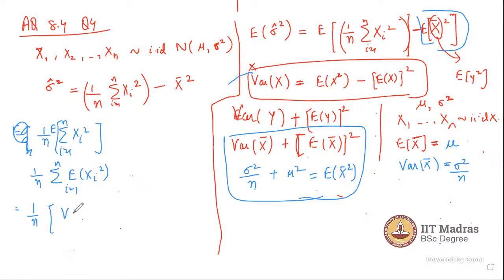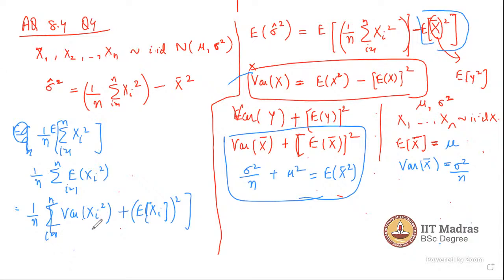This is going to be variance of xi square plus expectation of xi whole square, right? So what is the variance of xi square? And there is a summation over here varying from 1 to n. So what is the variance of each of the xi?